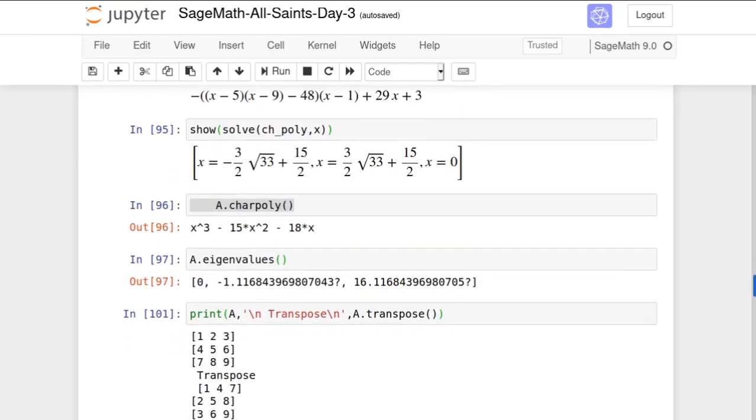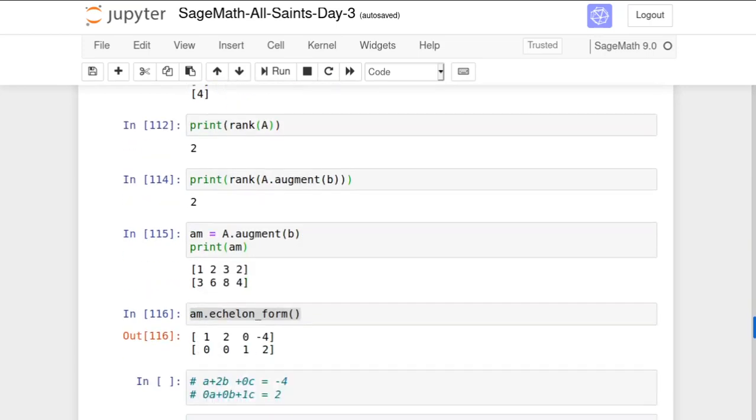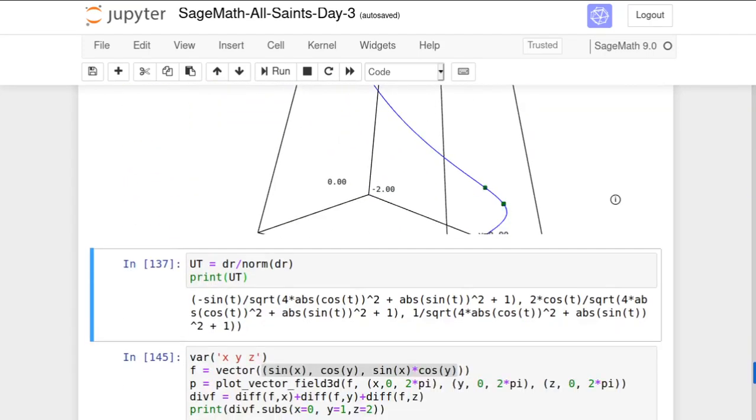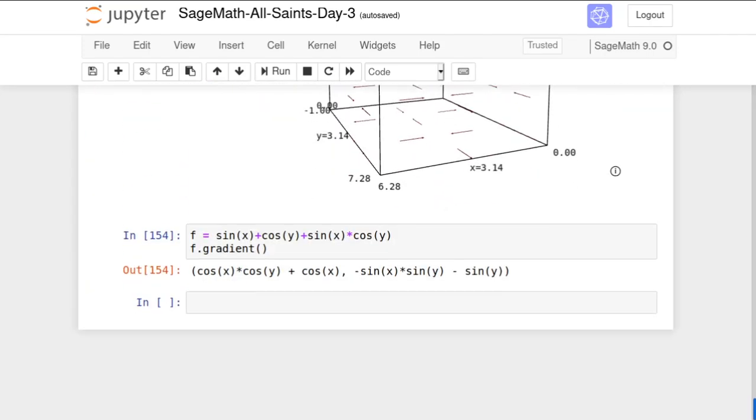Characteristic polynomial, we have already done, and rank. Now, integrating and differentiating vector valued functions.